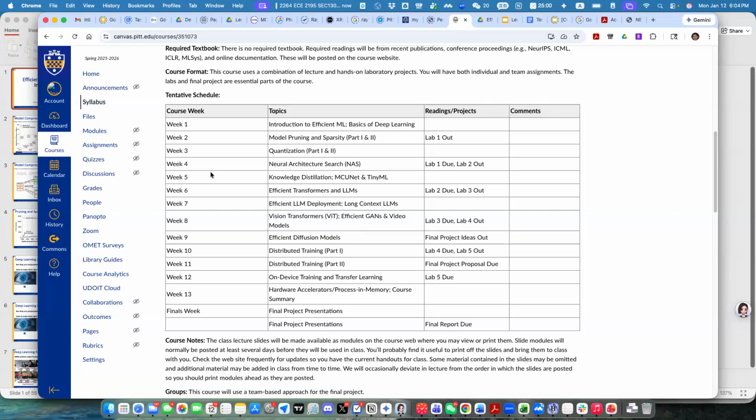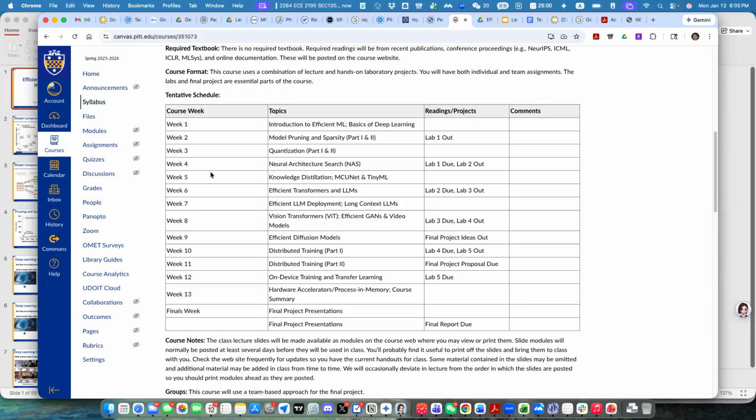So it's not just embedded systems. I'm going to talk about optimization techniques for large language model deployment and vision transformers, and also generative models, including GAN-based or diffusion-based image and video generation. I'm going to go over the basic algorithms as well as the optimization techniques to make them more efficient. That gives you a general sense of what kinds of networks we are going to cover for this class.